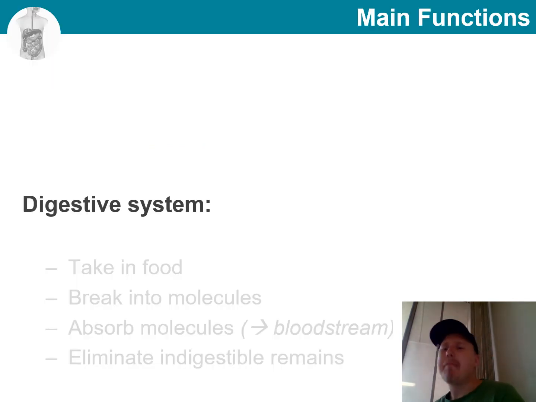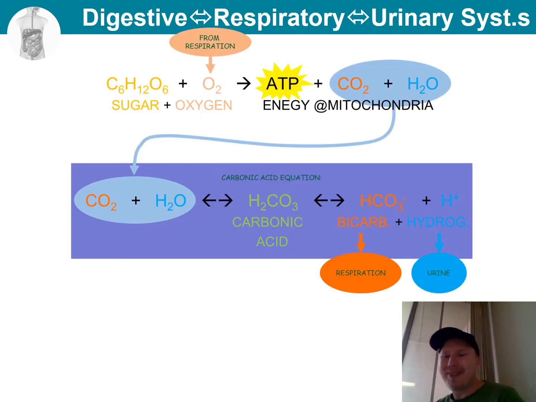However, before we get much further into content, I wanted to start with a very fundamental question. What are the general main functions of the digestive system? What are we trying to achieve, and how do we achieve that? Well, I guess we end up again with this formula that we saw earlier in our course.